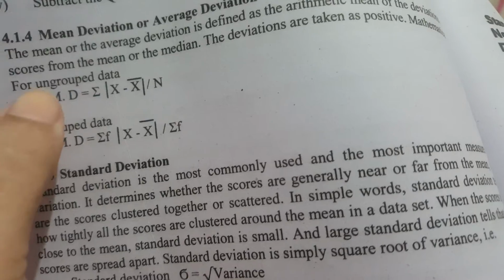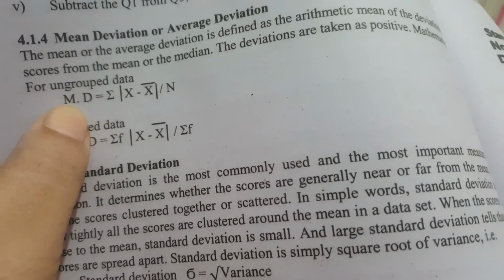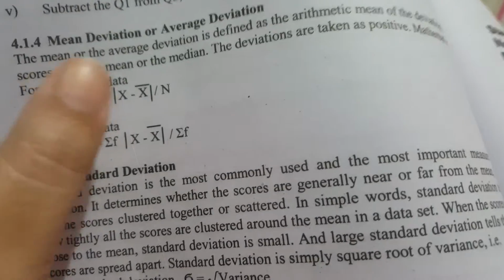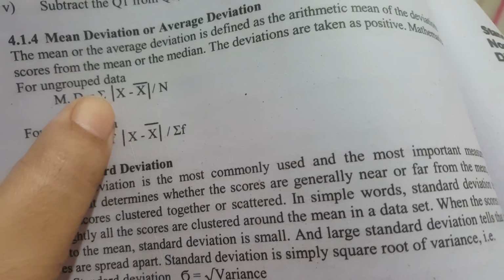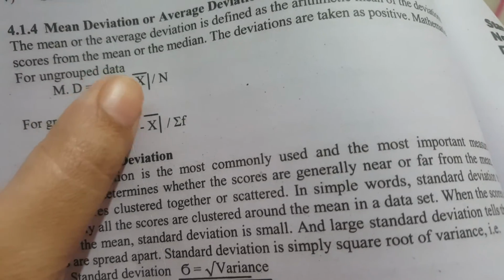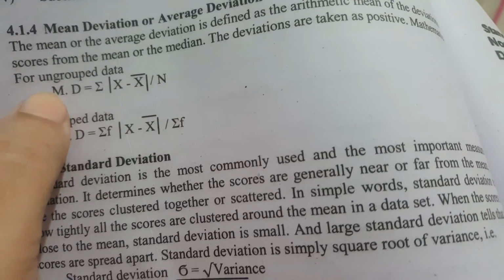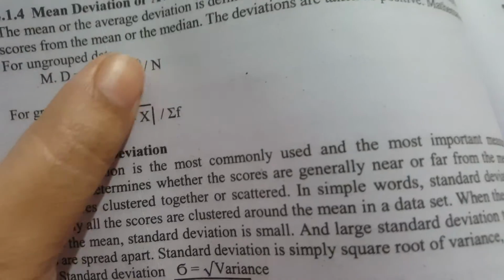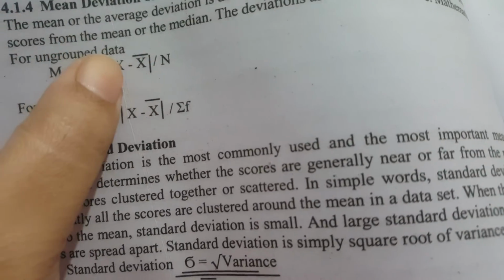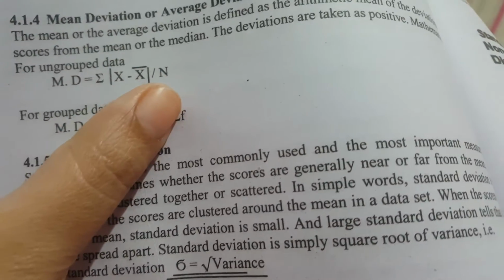Now we have the mathematical formula for mean deviation for ungrouped data. How do we find it? We take the sum of the absolute values of each value minus the mean, divided by n. The formula for mean was the sum of x divided by n, but here we take the modulus in which we have subtracted the mean from the values and then divided by n.